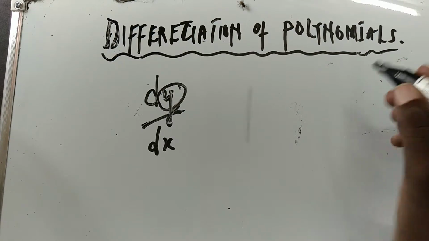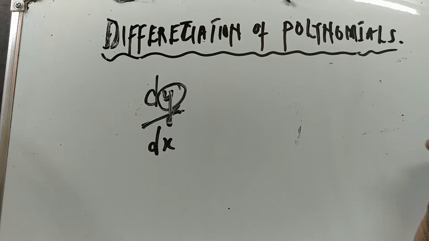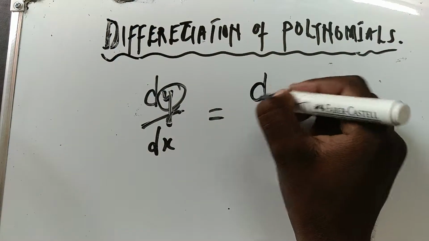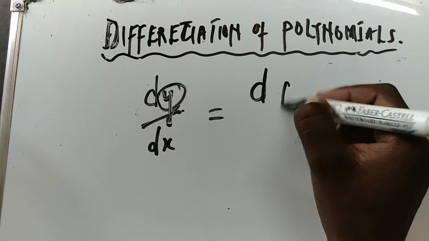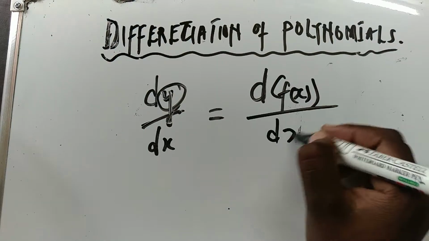Differentiating a constant will always give us a 0. So in other words, this is equivalent to saying differentiating y, which is of course a function of x, with respect to x.